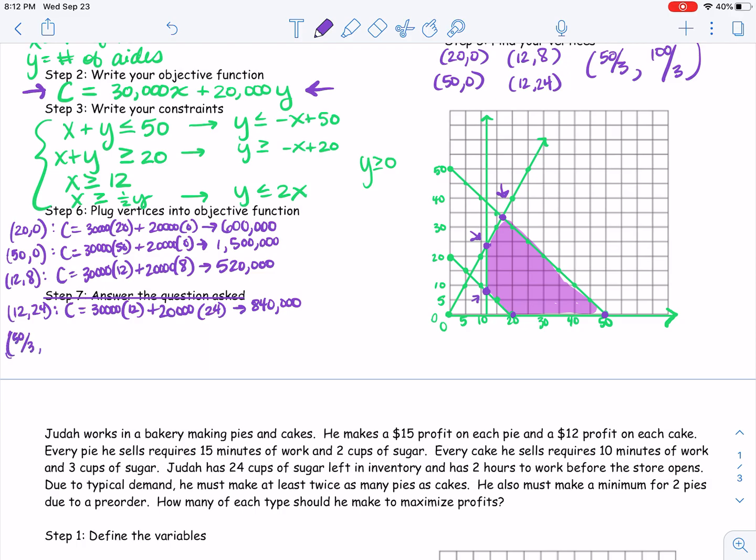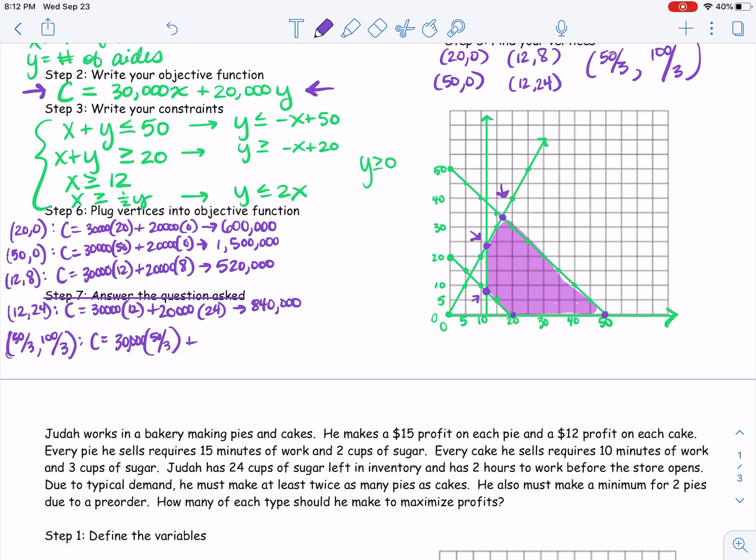And the last one, 50 over 3, 100 over 3. Cost $30,000 for 50 over 3 teachers. Now, hopefully you're thinking to yourself, can you hire 50 over 3 teachers? No, you cannot. So this would not be a realistic answer. However, it is one of the vertices. It is something that we need to test, but we know that doesn't make sense.